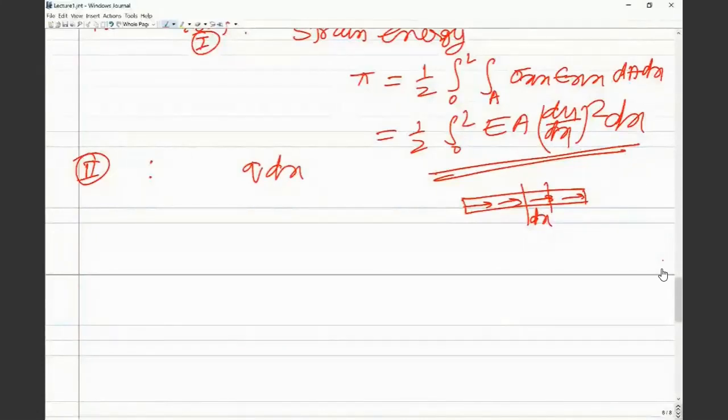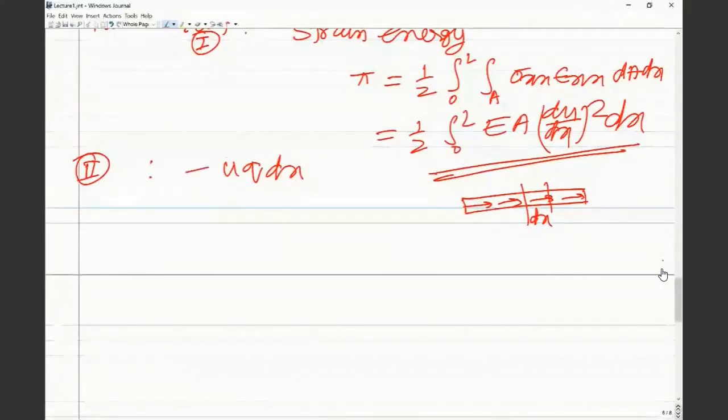The work done would be into the corresponding U at that location. U is a function of x, so that is the work done, a differential work done due to the differential force over a differential length dx. The potential energy is the negative of the work done, so minus, and to get the total potential energy of the force, it is integrated from 0 to L.